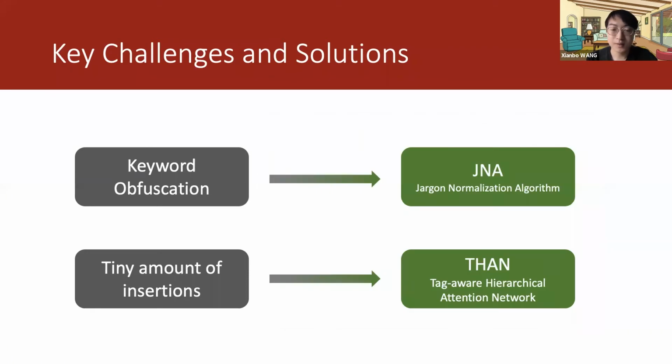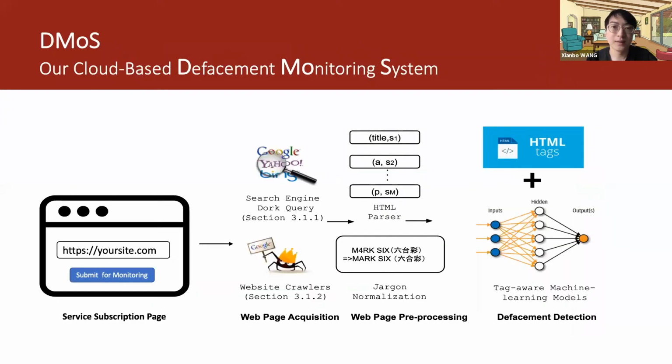To tackle these challenges, we propose two key solutions. We design a jargon normalization algorithm to recover the obfuscated keywords, and we use a tag-aware attention network to detect tiny insertions. Based on these two key ideas, we design and implement our cloud-based defacement monitoring system, DMOS.